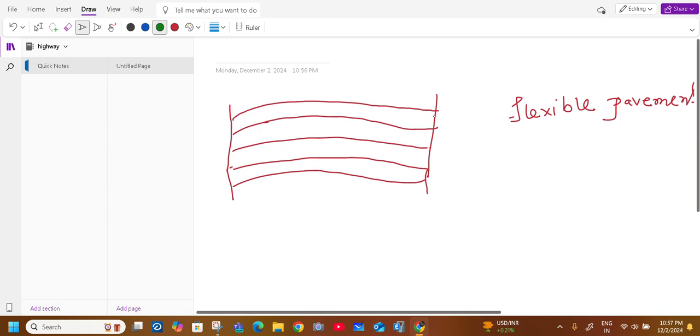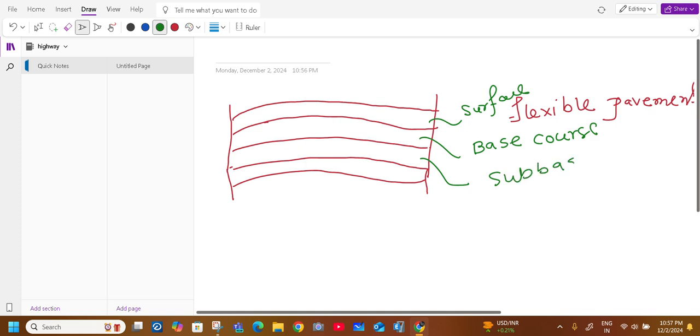This is surface course, base course, sub base course, subgrade.